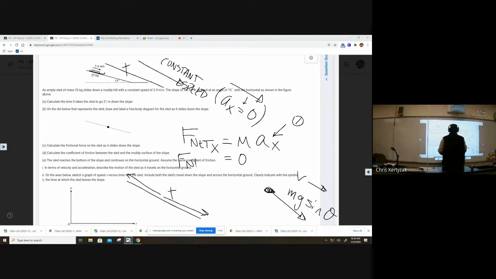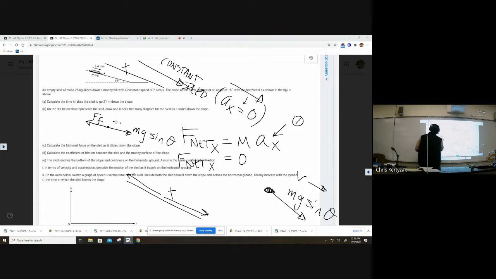The sum of any forces along that axis, the mg sine theta force and the friction force, which is back this way, must be equal but opposite in direction to cancel, so there's no net force, no unbalance of forces, and therefore it'll just maintain a constant speed as it goes down the slope.